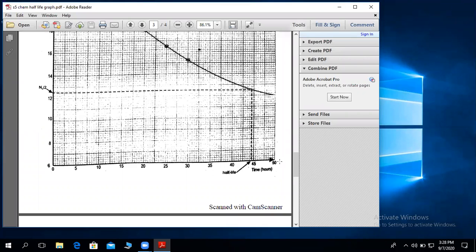Then you now count the time from this line of 24 to this line of 12 where it meets the time, and you count the time. That will be the half-life.